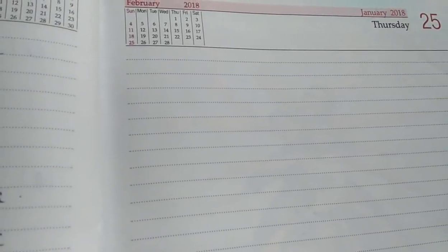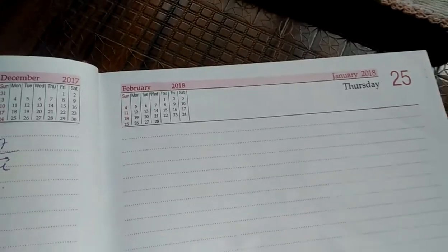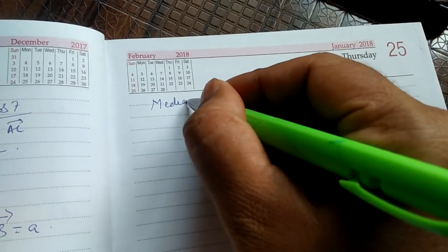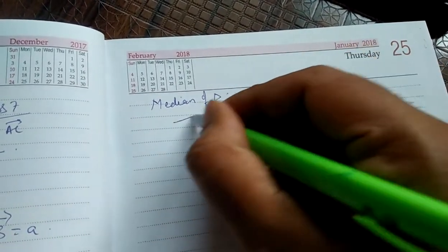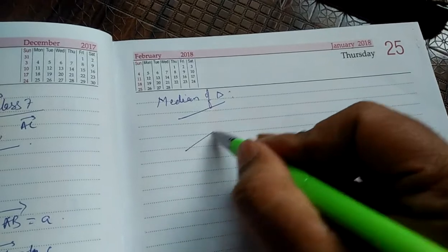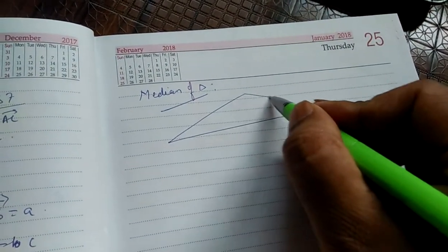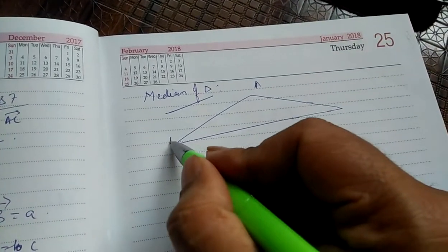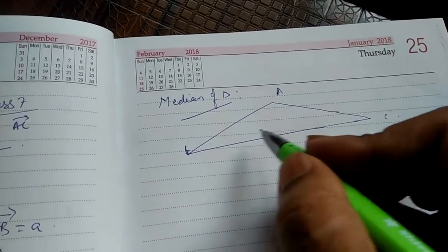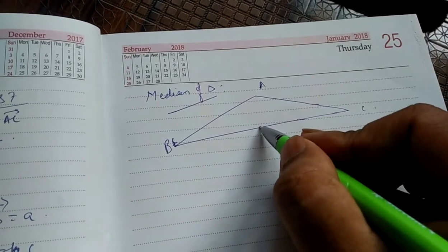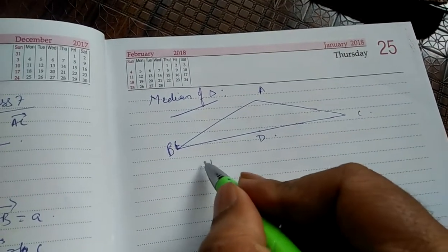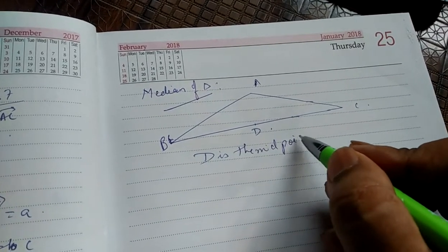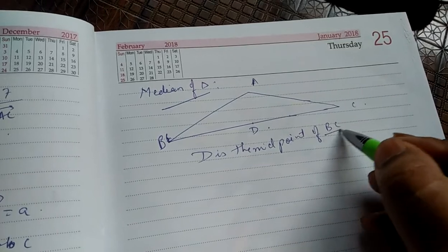So now we will understand about median of a triangle. Okay, so let this be any triangle A, B, C. So the midpoint, let's say D, is the midpoint of BC.